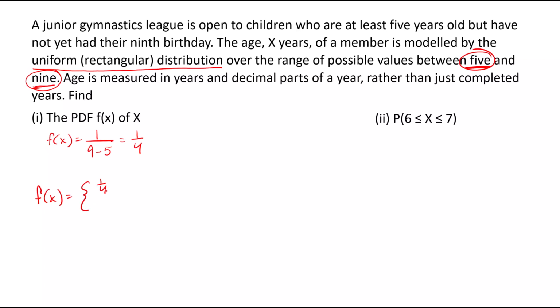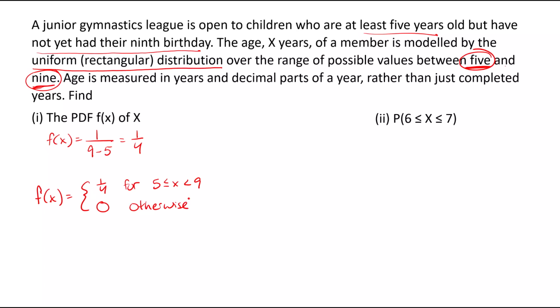Remember, it's constant, for values from 5 to 9. It says at least 5 years old, so we're including that, but have not yet had their 9th birthday, so they're not quite 9, so I didn't put the or equal to under there. Okay, and then 0 otherwise. So this is our probability density function that we're going to use to answer these other questions.